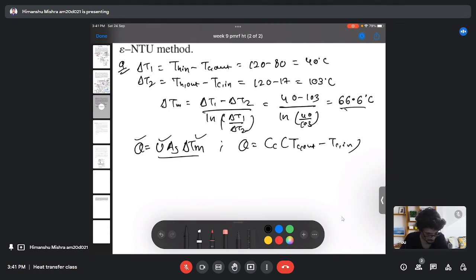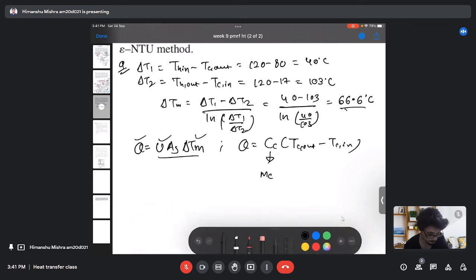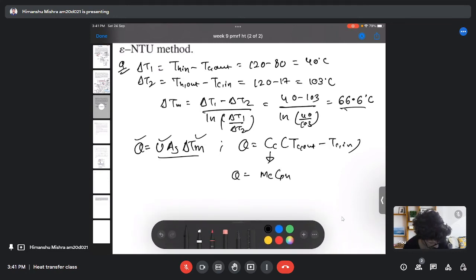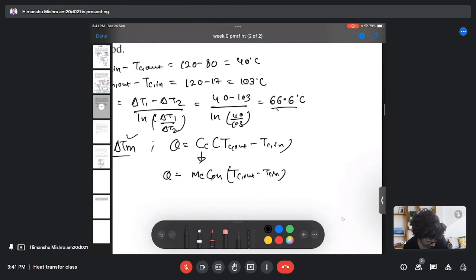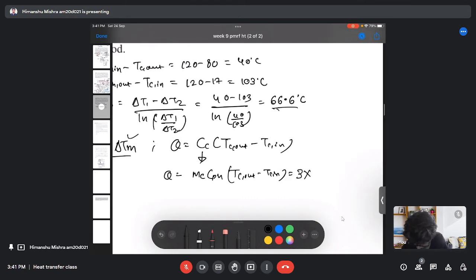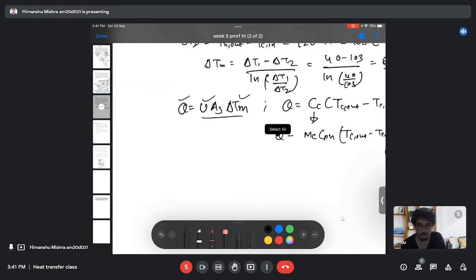The heat capacity rate for the cold fluid will be the mass flow rate of the cold fluid multiplied by the specific heat of the cold fluid. I am writing in kilojoule quantity. So my heat transfer will be 790.02 kilowatt. We found the heat transfer also.